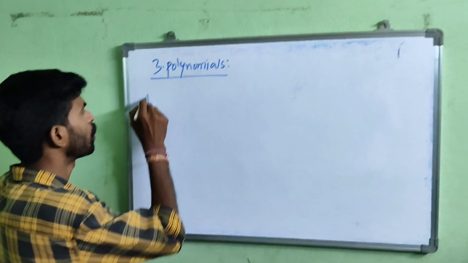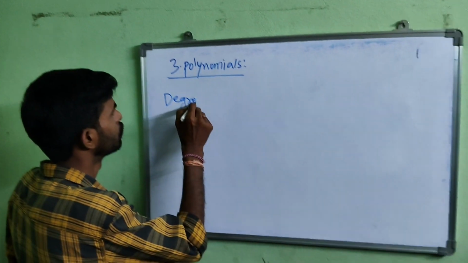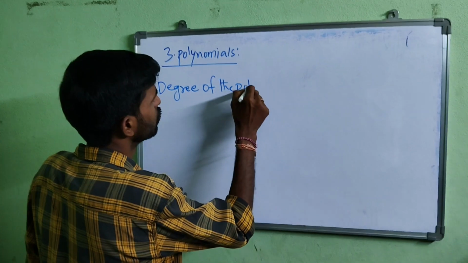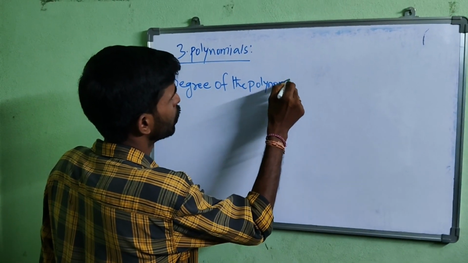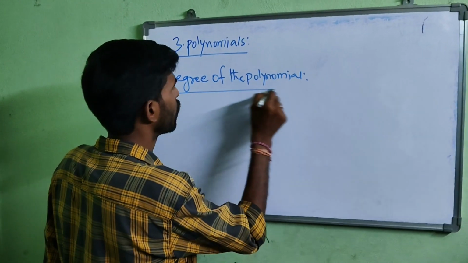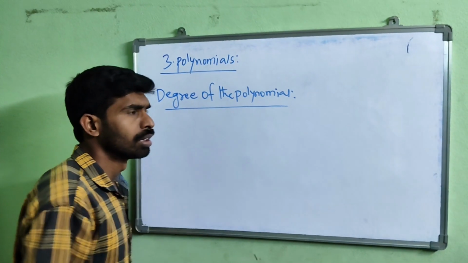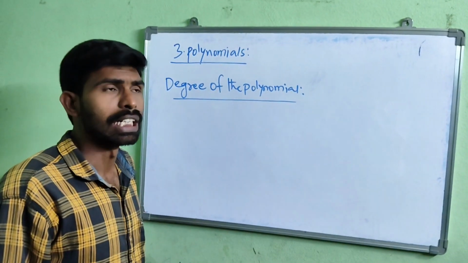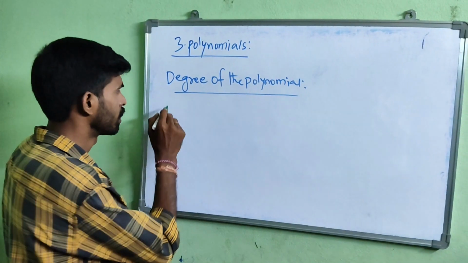Now, degree of the polynomial. What is the degree of the polynomial? It is nothing but the highest power of x in the polynomial p of x.